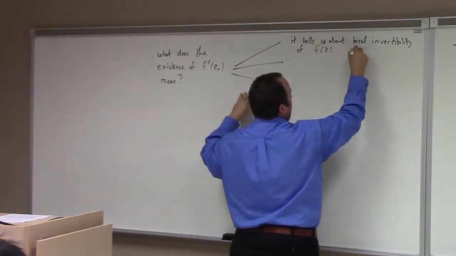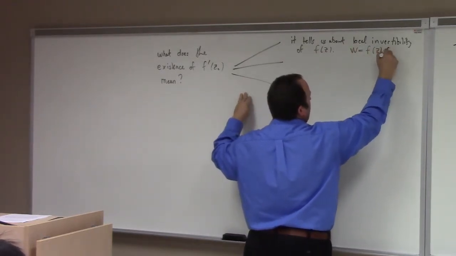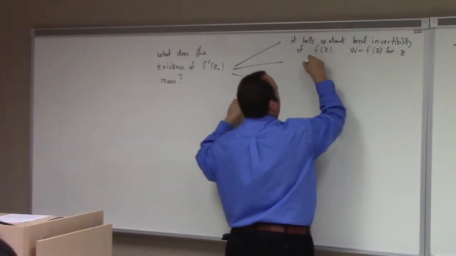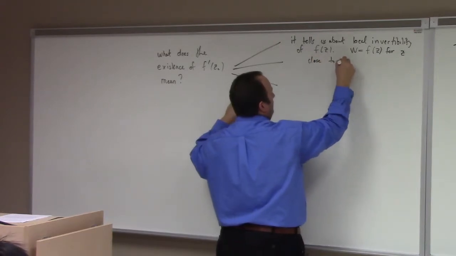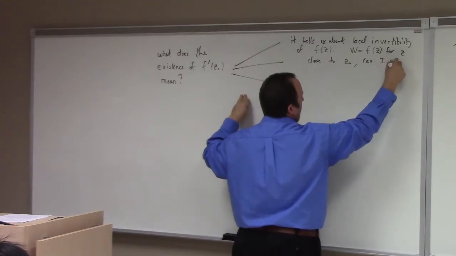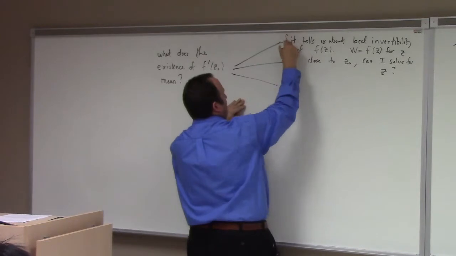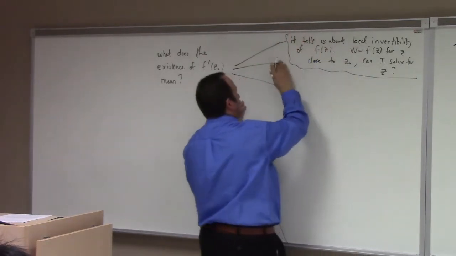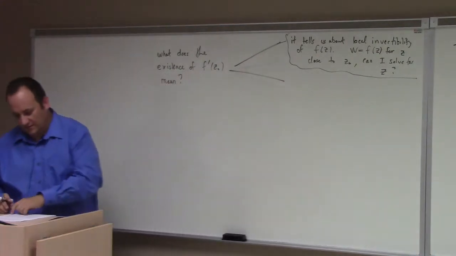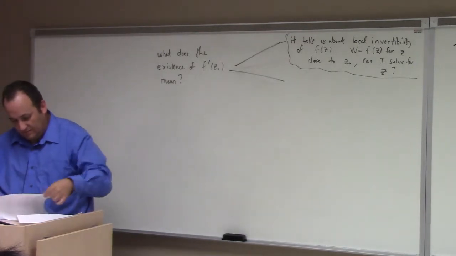In other words, if I set w equals f of z naught, well, w equals f of z for z close to z naught, can I solve for z? It has a pretty easy answer for that question. That's one of the things; there's section 7.3 on inverse mappings and the Jacobian. That's one thing I want to talk about.